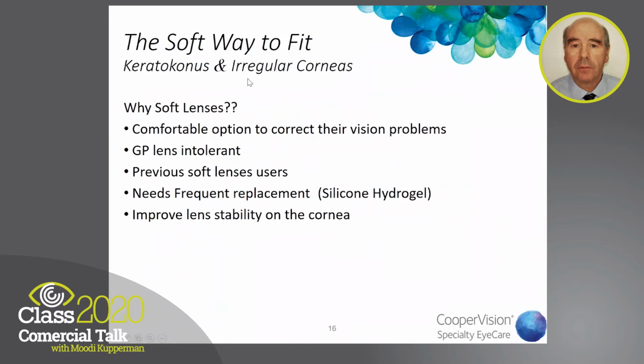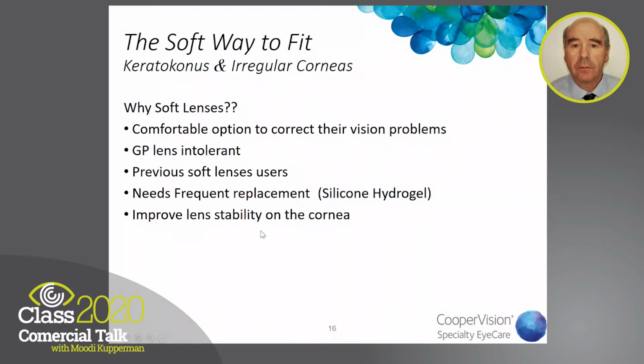The soft way to fit keratoconus and irregular corneas. Why soft lenses? Comfortable option to correct their vision problems. GP lens intolerant. Previous soft lens users may be used to disposable lenses, and when we give him GP lenses, he will throw us away. Need frequent replacement with silicone hydrogel.